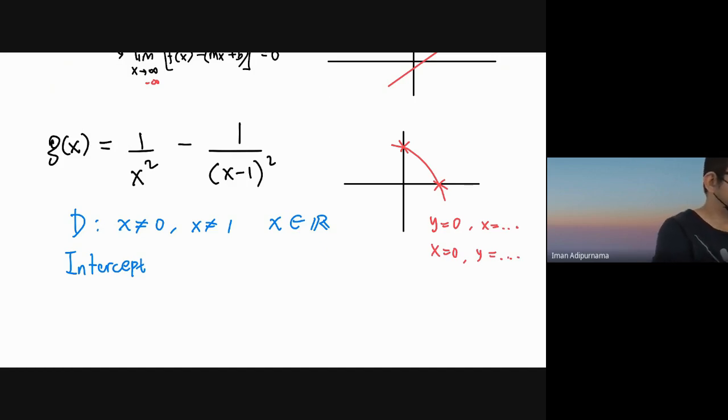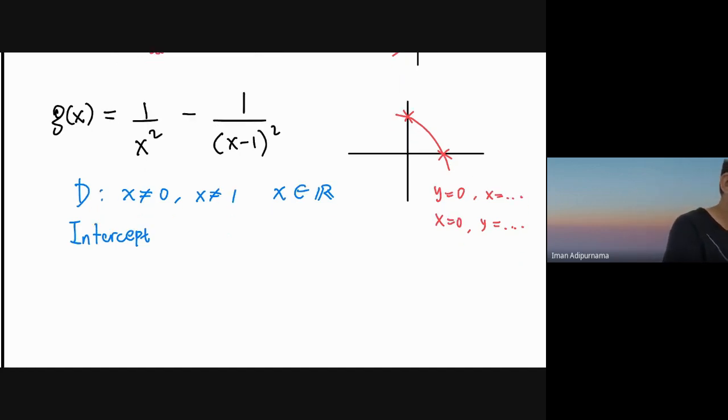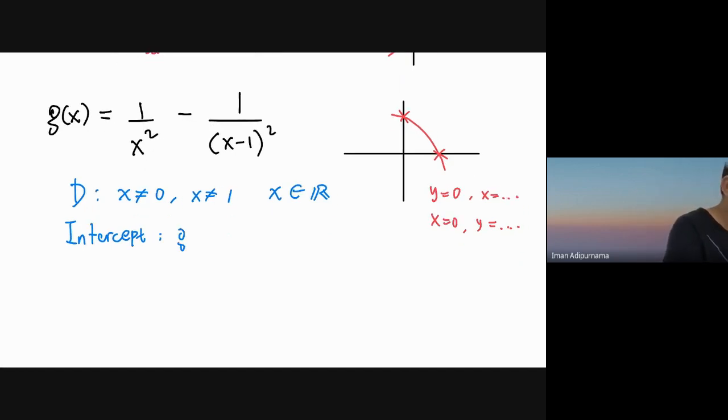In this case, if you want to start with the y-intercept when x equals 0, it is not happening, right? So we can start by looking at when the function equals 0, when g is 0.